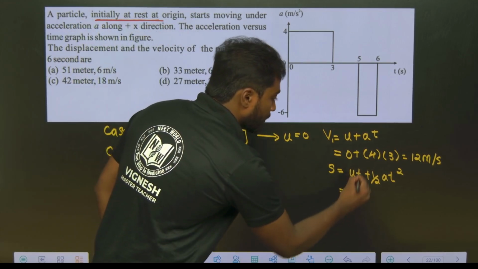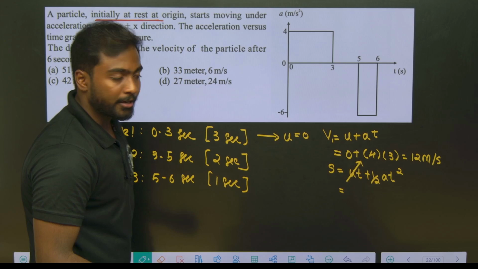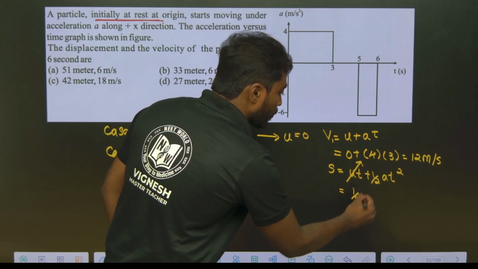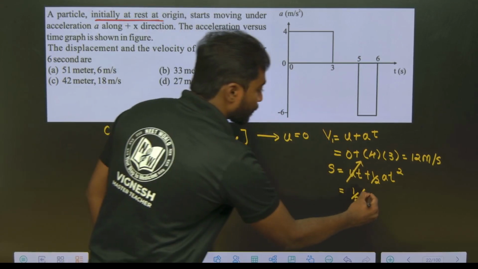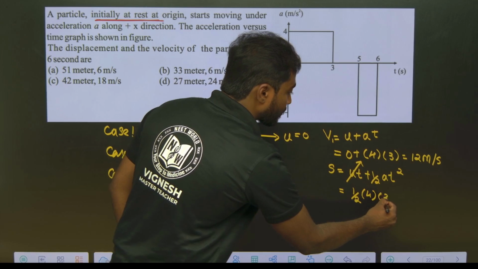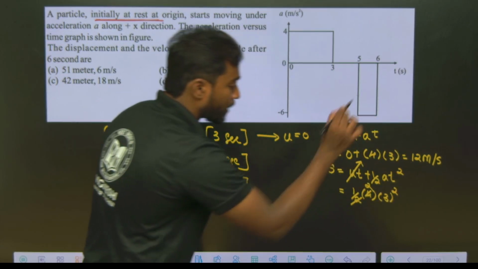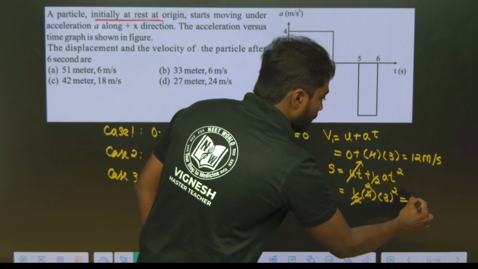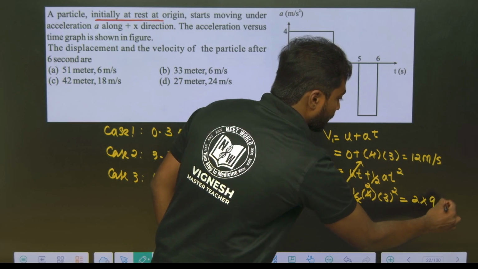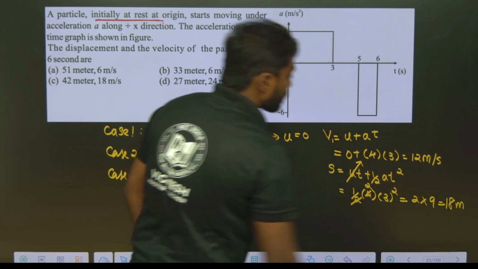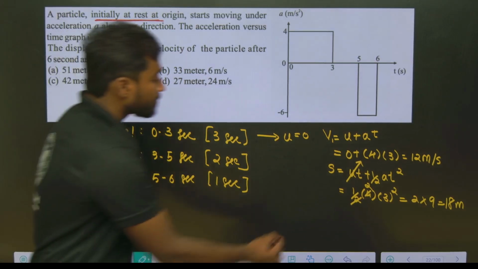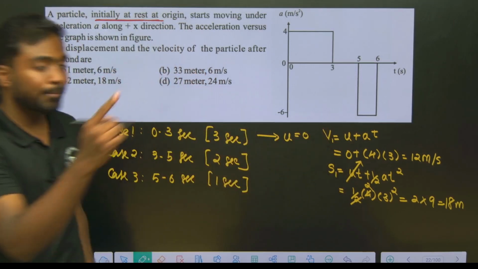First we'll use the first one. The ut term is 0, so we can neglect it, and ½ × 4 × 3² is 2 × 9, which is 18 meter. So this is my velocity and this is my displacement for case 1.